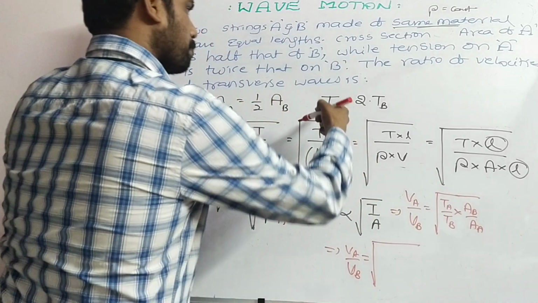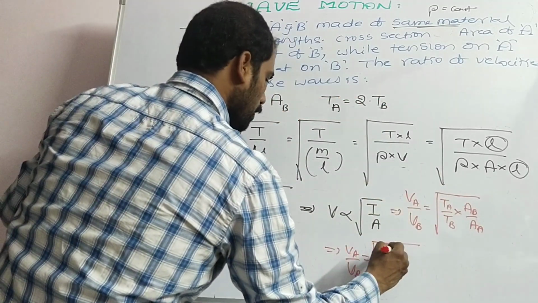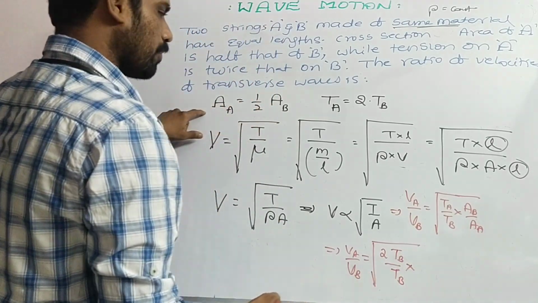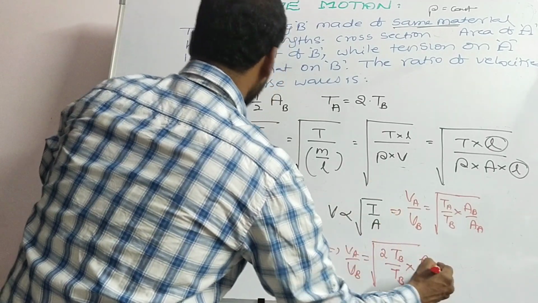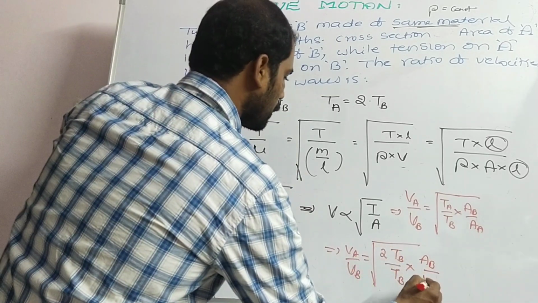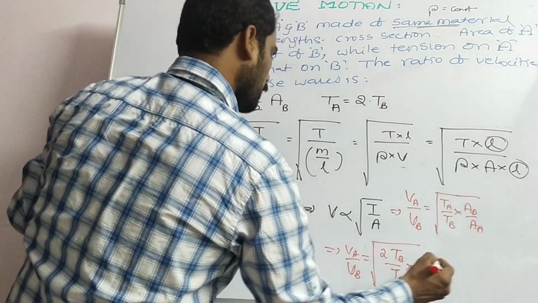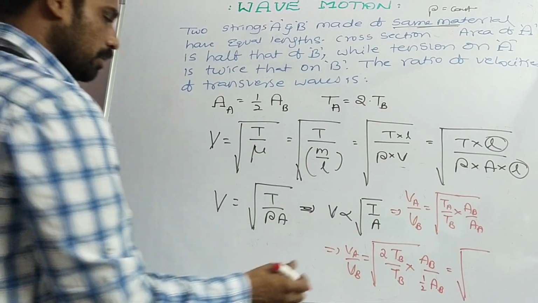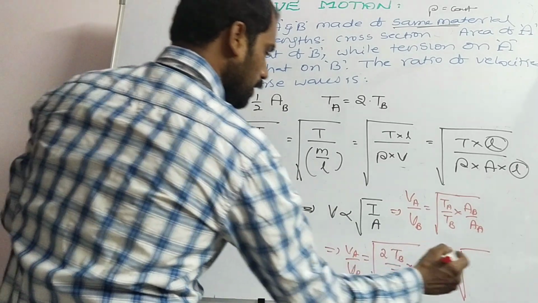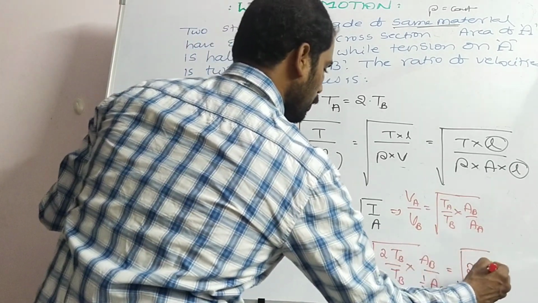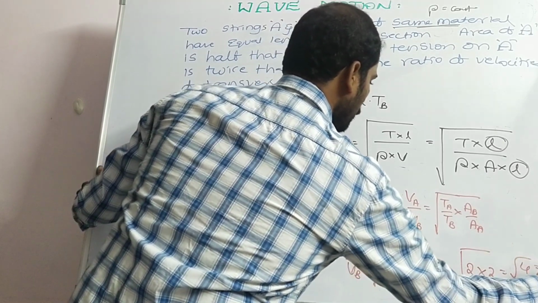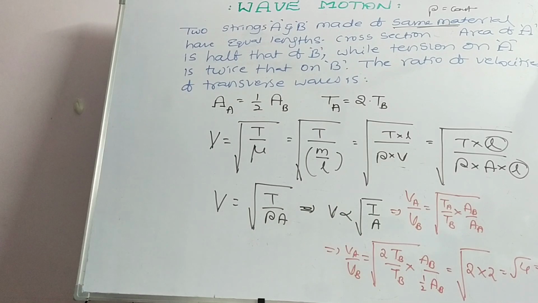Instead of TA we write 2TB, by TB into, instead of AB by AA, AB by half AB. That is equal to root of, TB gets cancelled, AB gets cancelled. So 2 into 2, that is equal to root 4. Simply 2 is the answer.